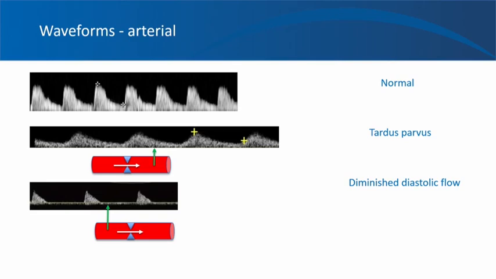And proximal disease or proximal stenosis decreases the strength of the signal. So you might encounter these waveforms incidentally, but they might point you in the right direction and help you identify stenosis and order relevant investigations.